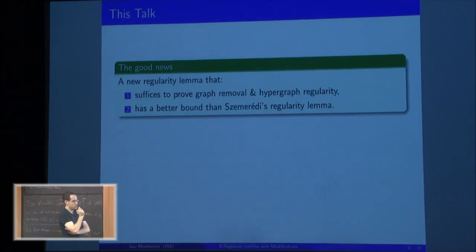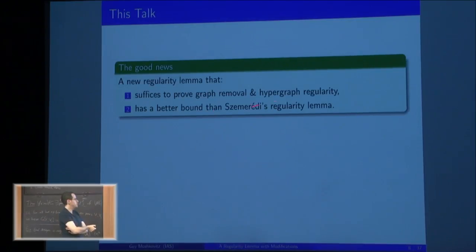Okay, so here is what I'm going to do in this talk. I'm going to show a new regularity lemma that does suffice to prove the graph removal lemma and also the hypergraph regularity lemma applications, which are maybe 2 of the most hardcore, hardest applications of the regularity lemma, for which we don't know much better bounds.